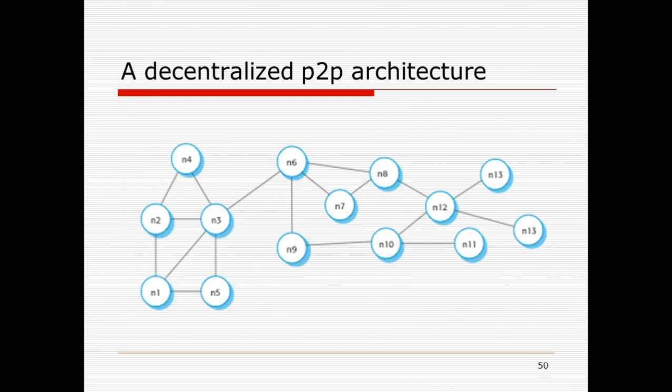We can see here an example of a decentralized peer-to-peer architecture, where peer nodes communicate from one node to another. There are two broad categories of peer-to-peer architecture.